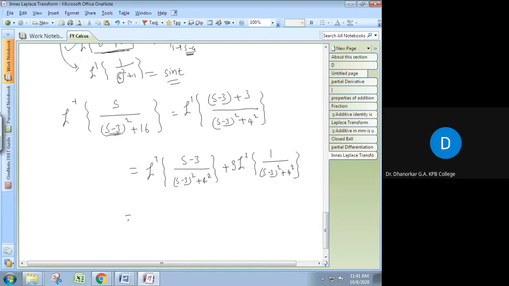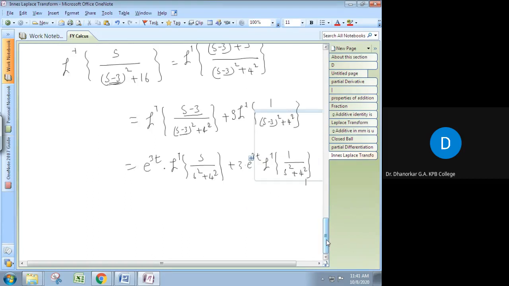If our frequency domain function changes in s by s minus 3, then I will take e raised to power 3t outside. Now the remaining function is s divided by s square plus 4 square, plus 3 into e raised to power 3t, L inverse of 1 divided by s square plus 4 square.